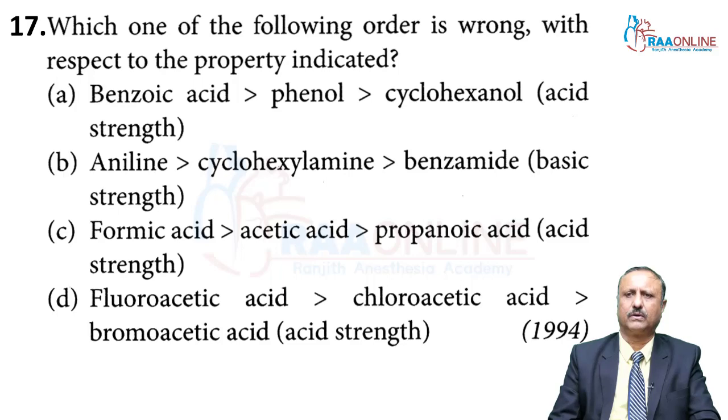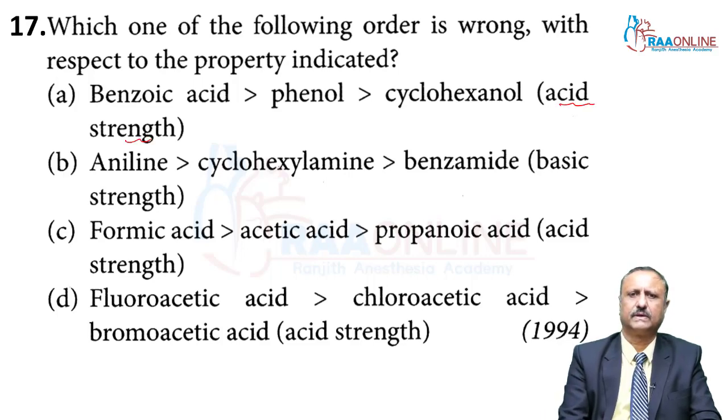Now, my dear students, we can go to question number 17. Which one of the following orders is wrong with respect to the property indicated? Here the property is basic strength or acidic strength. Here you can see the basic strength, and here you can see the acid strength.